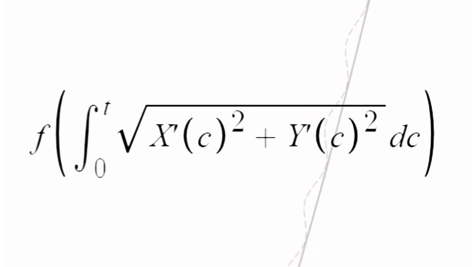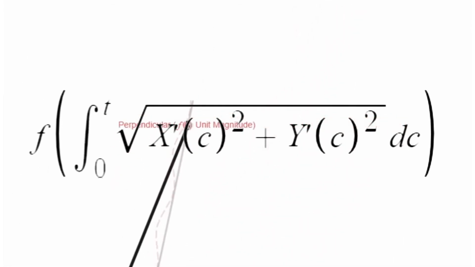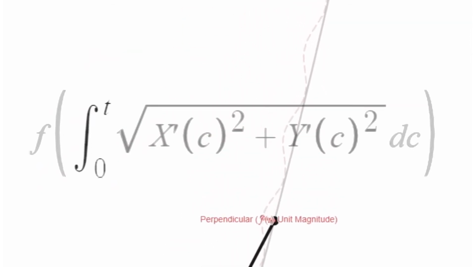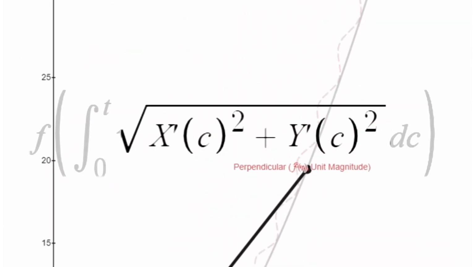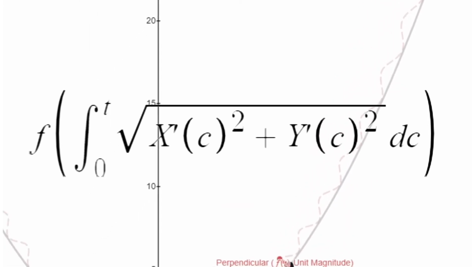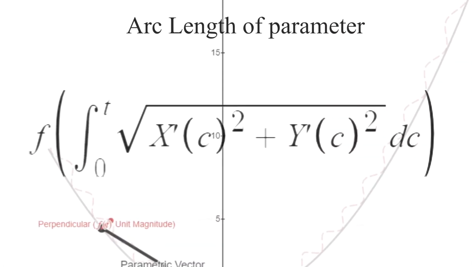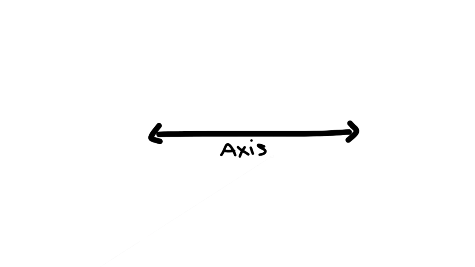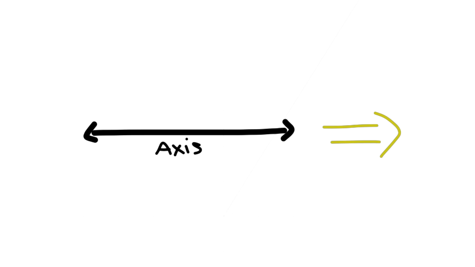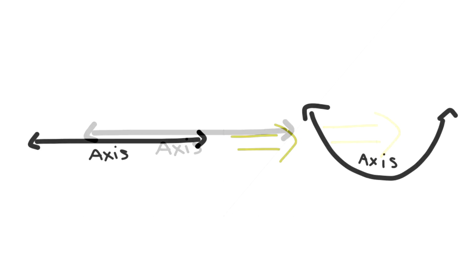The purpose of the integral is to fix the disarray of the stretching. You don't have to know what an integral is or why there's the similar squared expression inside it, but this guy right here represents the arc length or the perimeter of the parameter. Think of it like this. Imagine we have a horizontal axis and transforming it in some weird fashion where it maps itself into a shape.